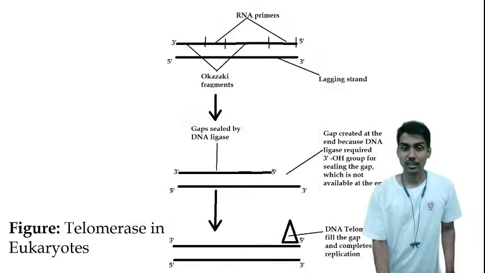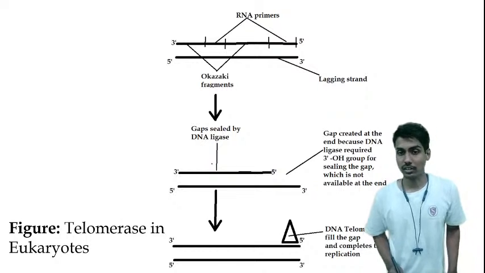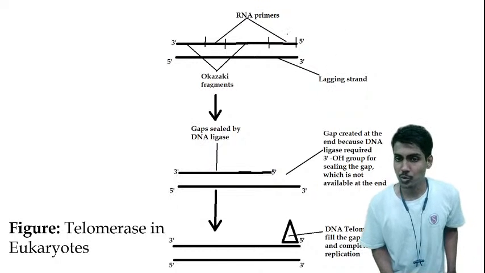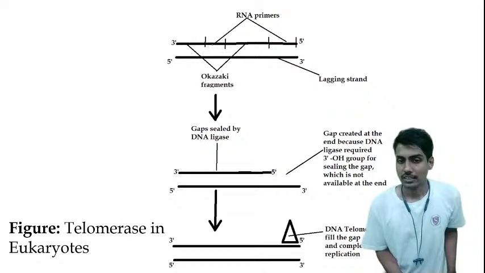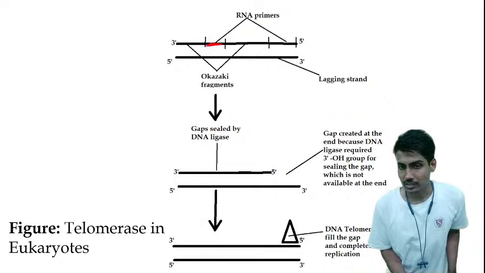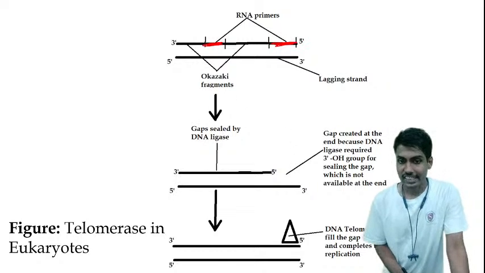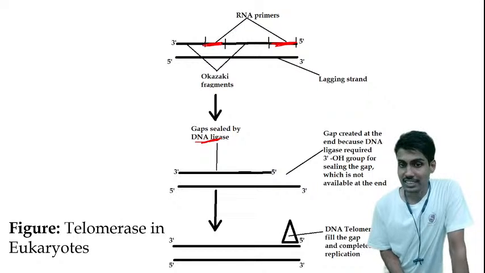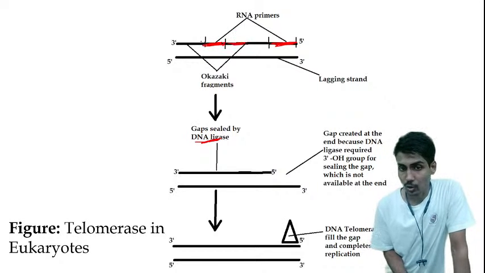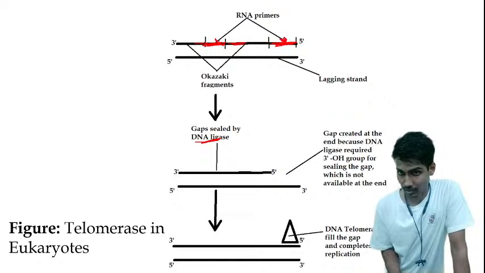Now there is a thing with the telomerase. What usually happens is, suppose these are the RNA primers. The DNA ligase can join the Okazaki fragments, and the nuclease can remove these RNA primers.